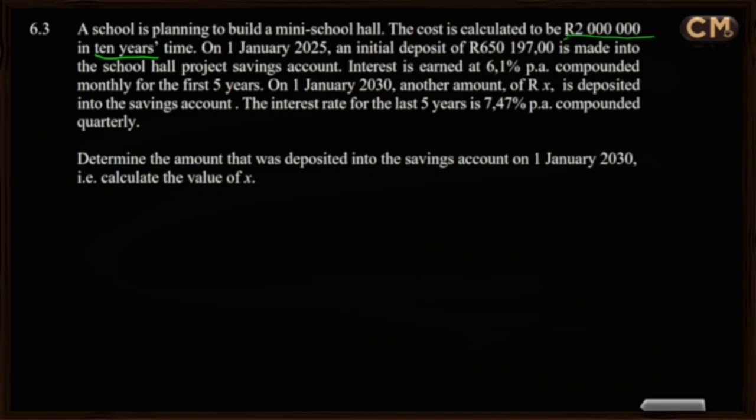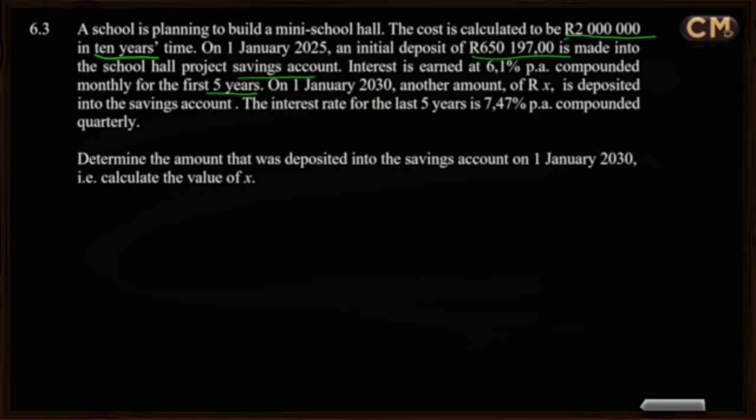On 1 January 2025, an initial deposit of 650,197 rand is made into the school hall project savings account. Interest is earned at 6.1% per annum compounded monthly for the first 5 years.